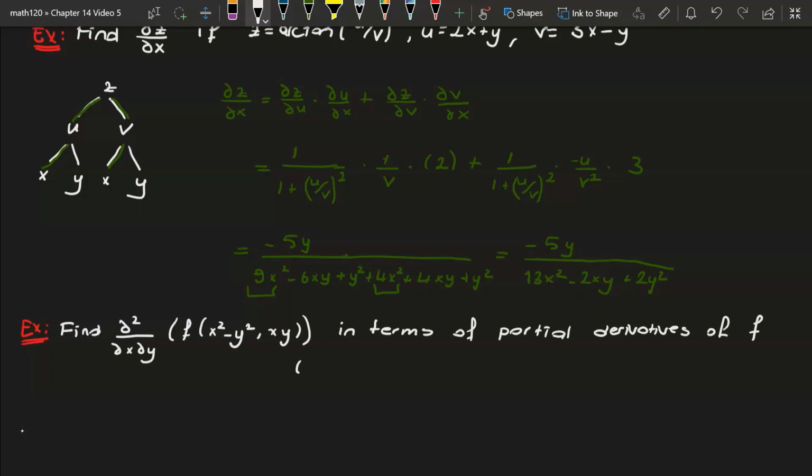And here we have the assumption that all partial derivatives are continuous everywhere, assuming this is necessary to use the chain rule.